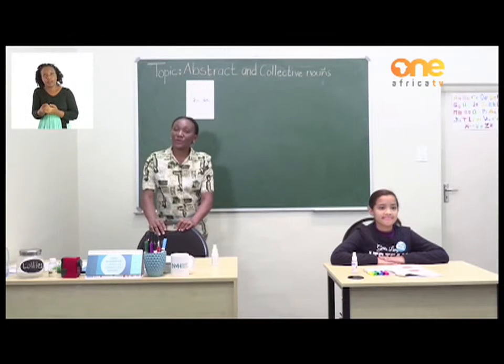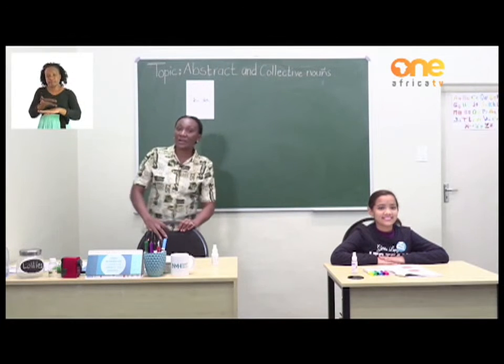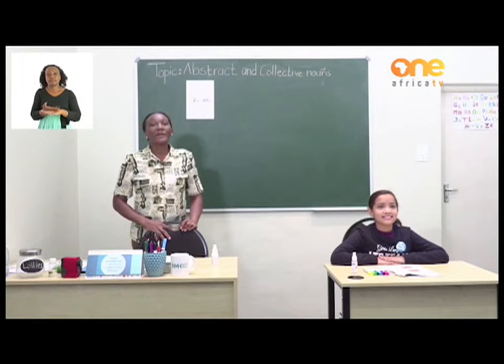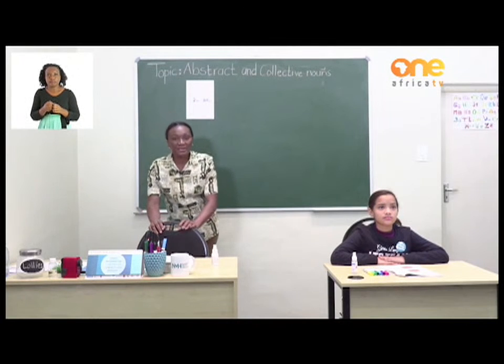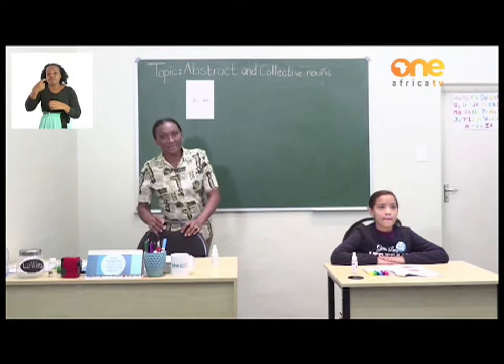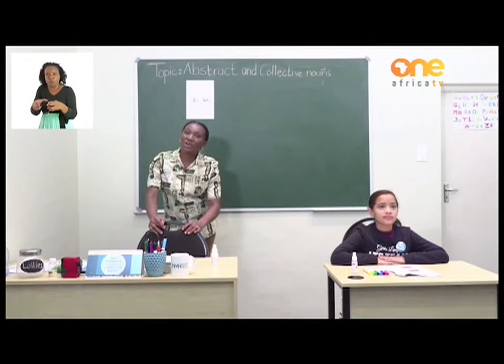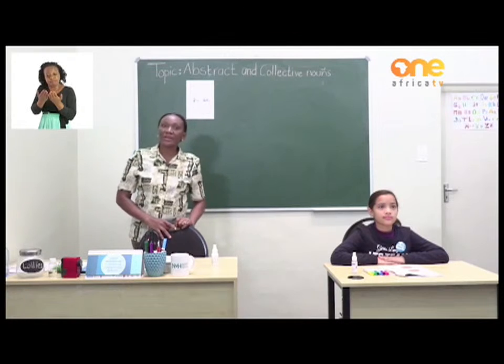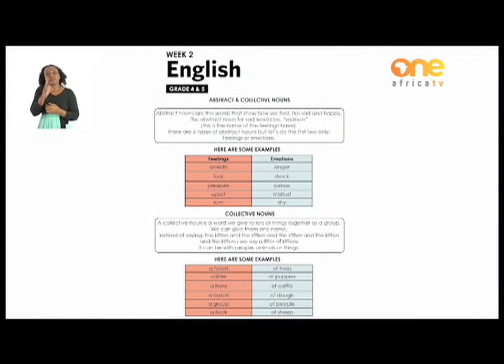Well, I have a few examples of collective nouns. For example, a flight of stairs, a school of fish, a pride of lions. Let us look on page 16 at a few examples of collective nouns. As you can see, it's written there.